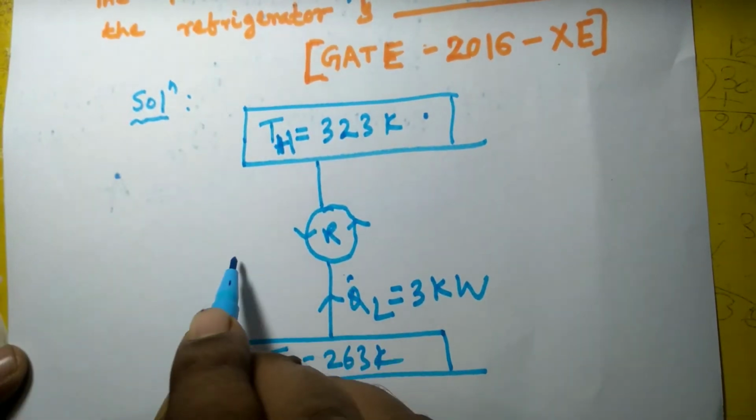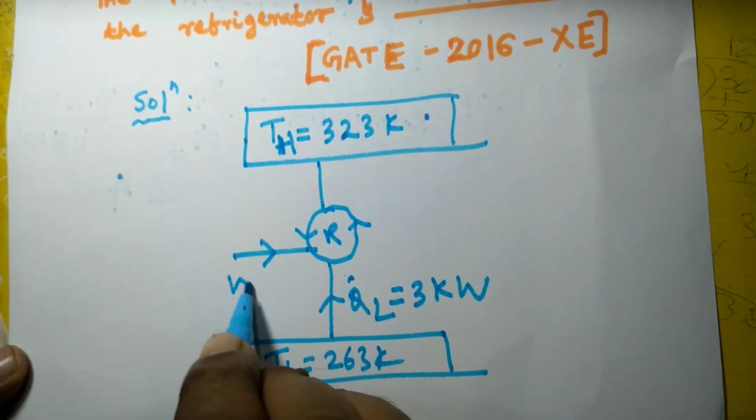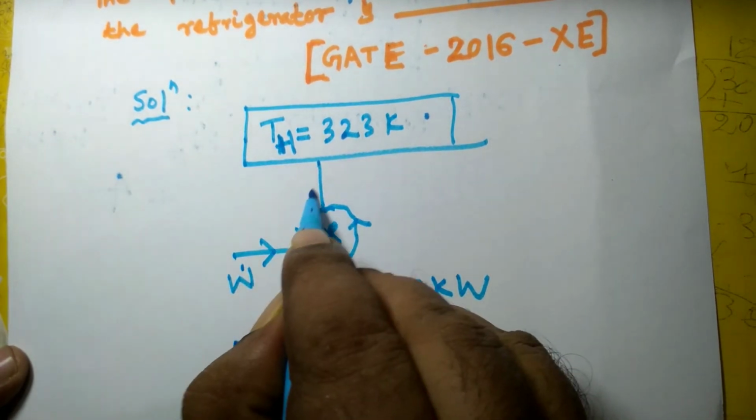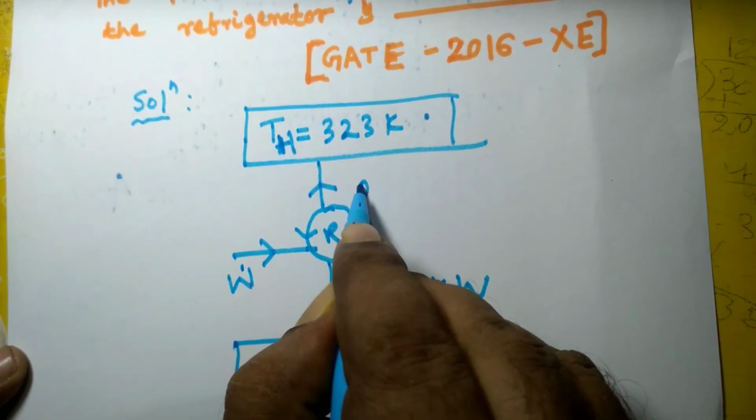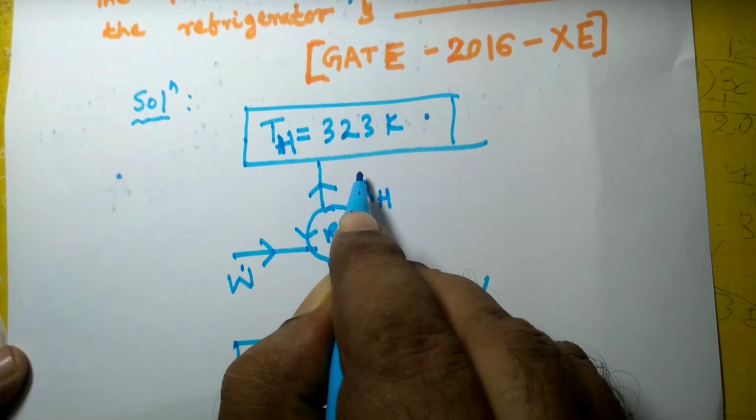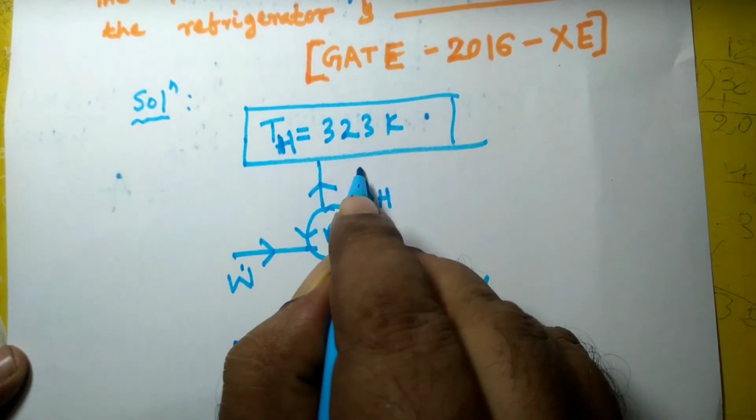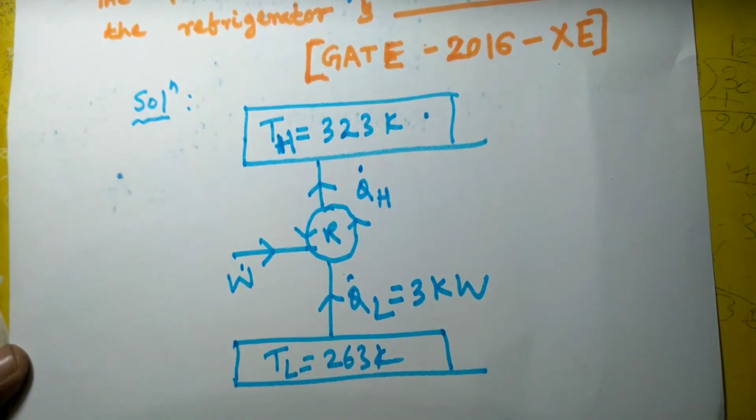And suppose this is W dot, the power input. Obviously, these are power consuming devices, refrigerator and heat pump. The heat going to the high temperature body is Q dot H, suppose.